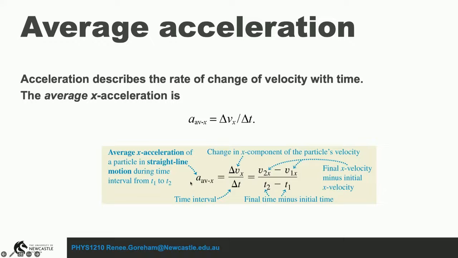So we can find the average acceleration in the x-axis, shown here, as the change in velocity divided by the change in time. And we can write that in full using the v2x minus the v1x divided by t2 minus t1. So there's no surprise there. It's going to be pretty obvious from here, and so I won't explain as much as what I have been.